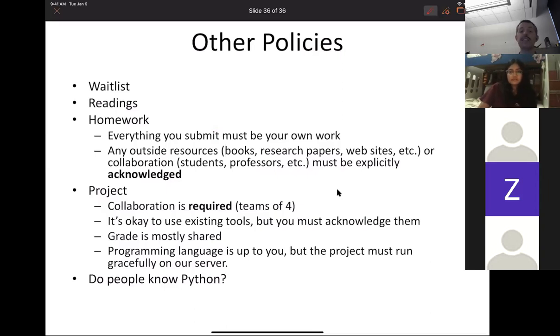If you use anything other than a textbook in homework or otherwise, you need to acknowledge it. There's a project. For homework, you must submit your own work. This doesn't include quizzes. I should have added that.